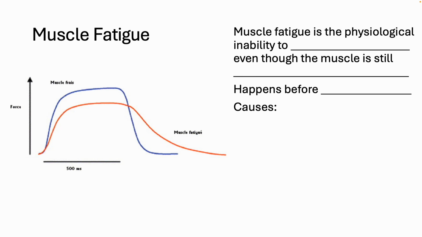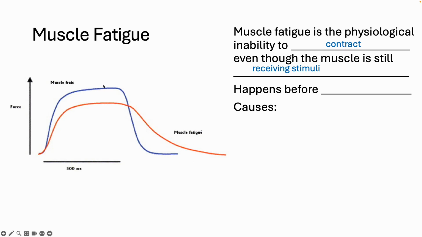Now, muscles do fatigue. So the definition of muscle fatigue is the physiological inability to contract, even though the muscle is still being stimulated. So we can see here on the left, the force is a fresh muscle in blue, and a fatigued muscle in orange.